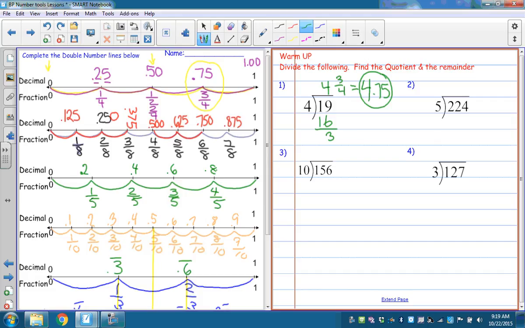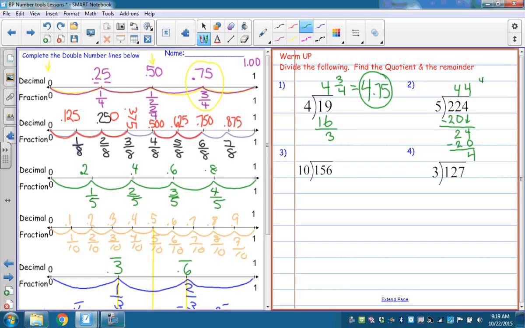So think of this one, you guys. 5 goes into 224. How many times does 5 go into 22? Xavier. 4, right? So that's 20. And when I subtract, I get a 2, and I bring down the 4. How many times does 5 go into 24? 4, right? And now I subtract, and I get a 4.